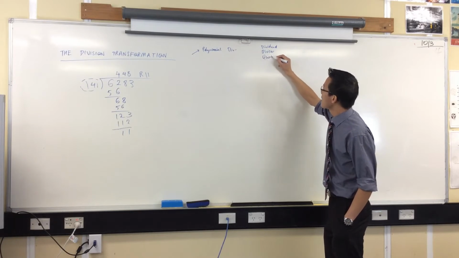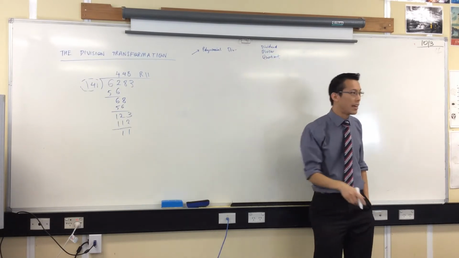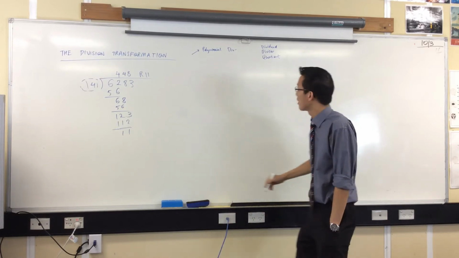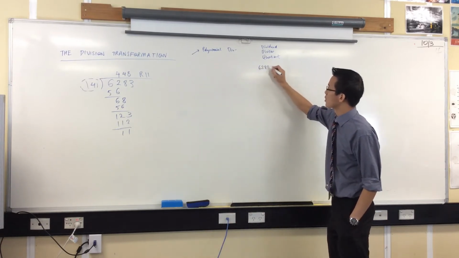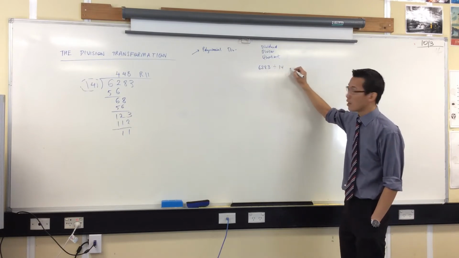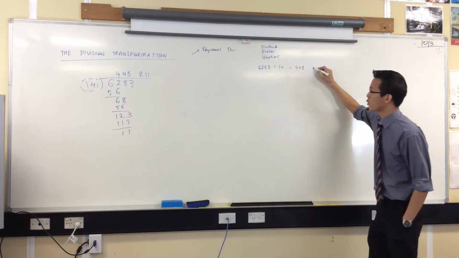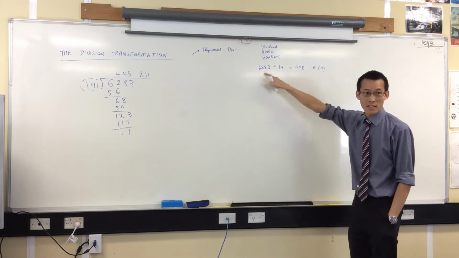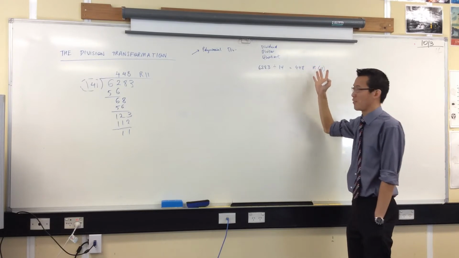Okay, now, the easy way to remember this is that if you just write this out, they're in alphabetical order, okay? So what we did was 6,283 divided by 14, which is 448 with the remainder, right? So you've got, in order, dividend, divisor, quotient. It's just convenient that way.